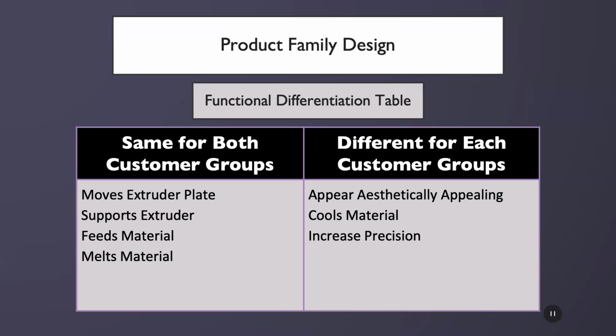As you can see, the big differentiation is about increasing the precision. The material that it's going to handle will be different, and there are some appealing features to make it better for home.